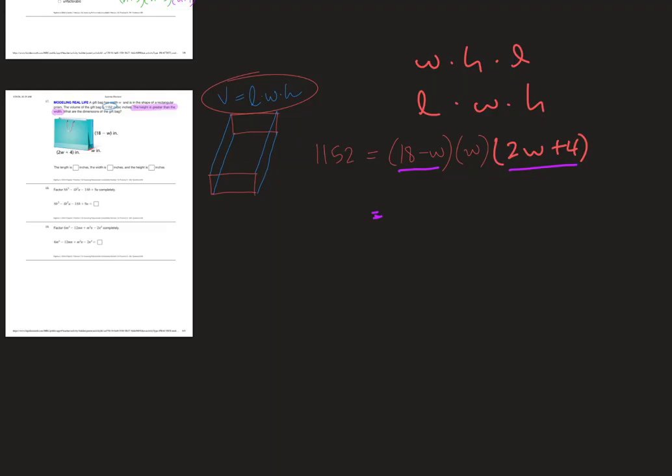18 times 2W is 36W. 18 times 4 is, let's see, 32 plus 40 is 72. And then negative W times 2W is negative 2W squared. Negative W times 4 is negative 4W. And then now I'm going to multiply everything by W. I'm also going to rewrite, and I won't take too many steps at once.